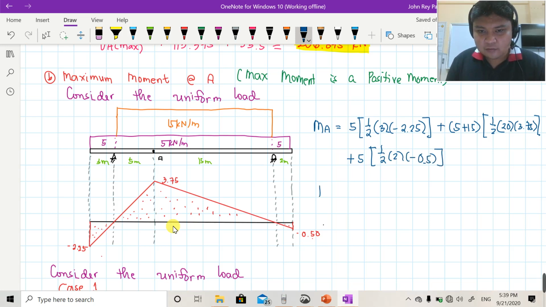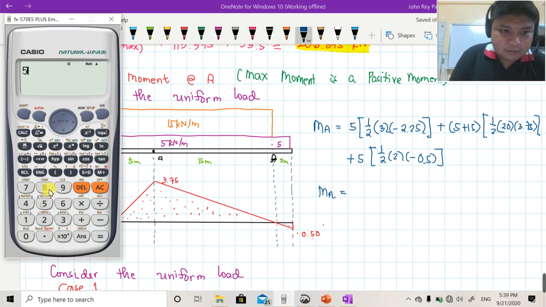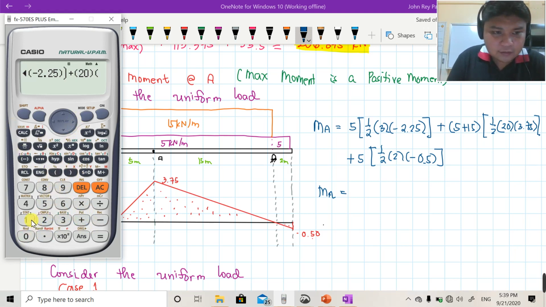Okay? So therefore, the moment at A will be equal to, so computein natin class, 5, 1/2 ng 3, negative 2.25, tapos plus 5 plus 15 is 20 na rin lang naman, and that will be 1/2 of 20, 3.75 plus, diba?